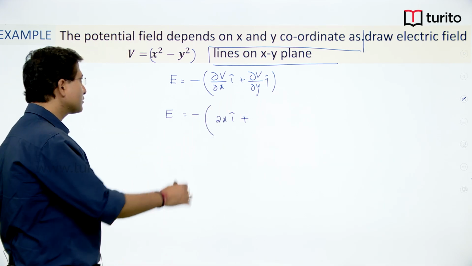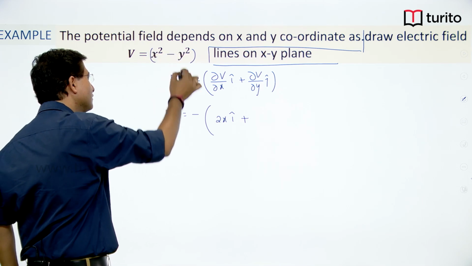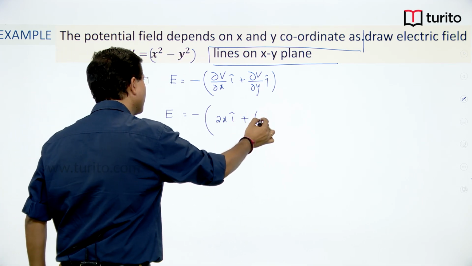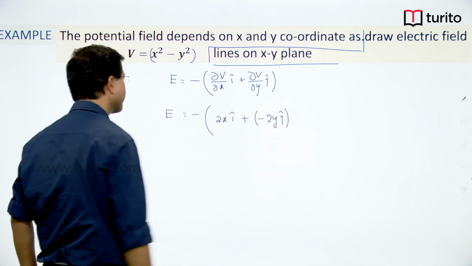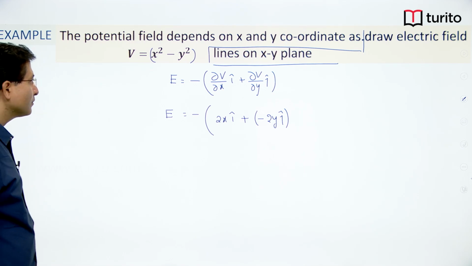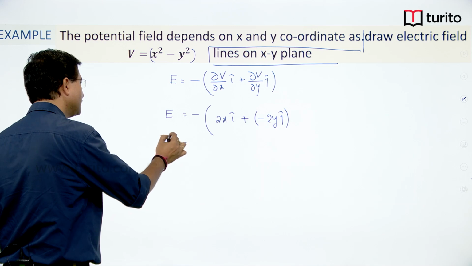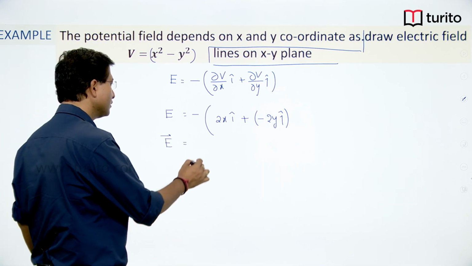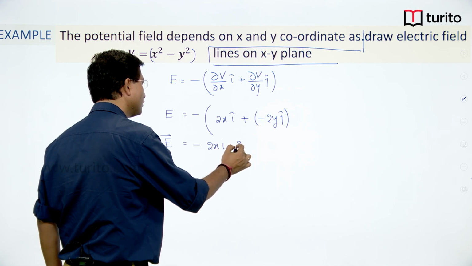As x is constant, this term will be 0, and this term will give minus 2y j cap. If I simplify, then E vector is equal to minus 2x i plus 2y j.